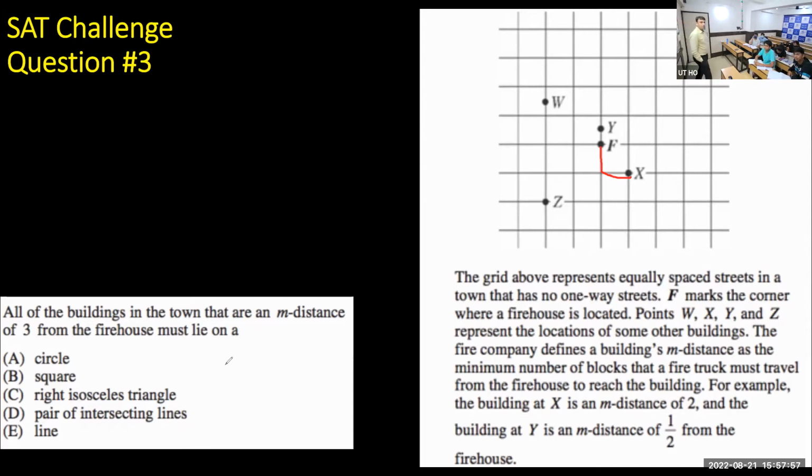Now let's solve this. So this is the concept. The question asked is, all of the buildings in the town that are at an M distance of 3 from the firehouse must lie. Let's look at this, guys. M distance of 3, 1, 2, 3. ये वाला जो dot है, ये जो मैंने red dot बनाया है. Can I say this is at the M distance of 3?